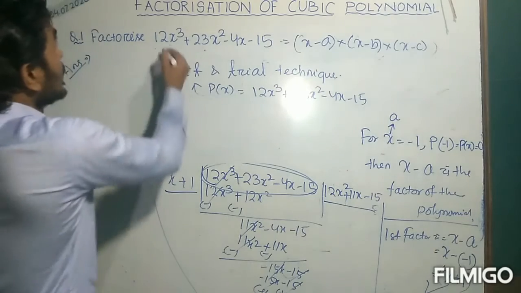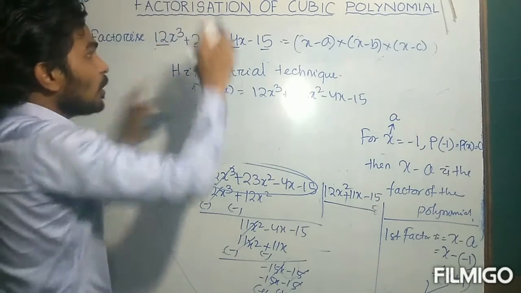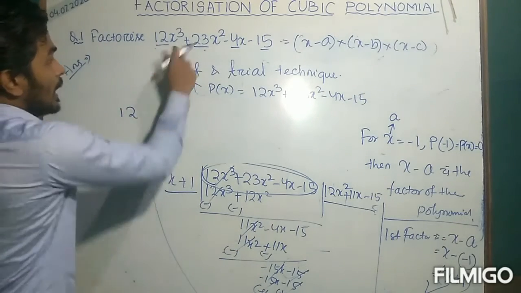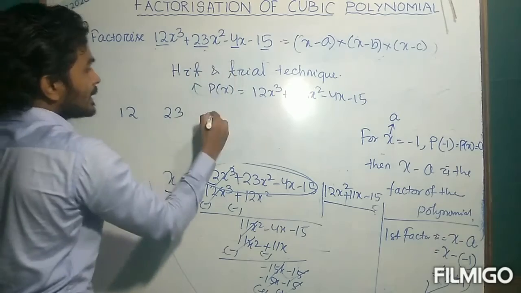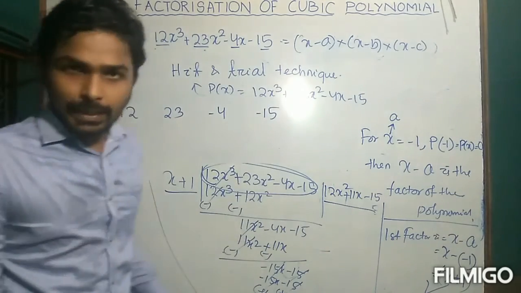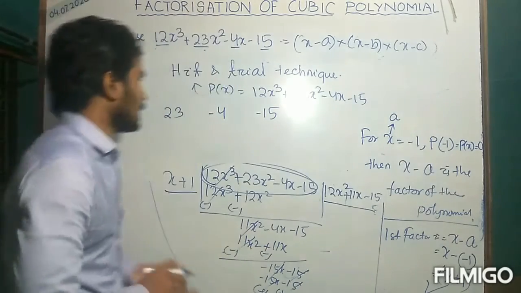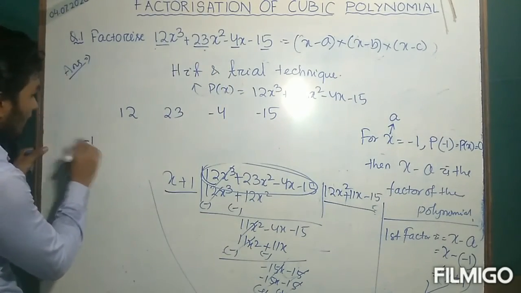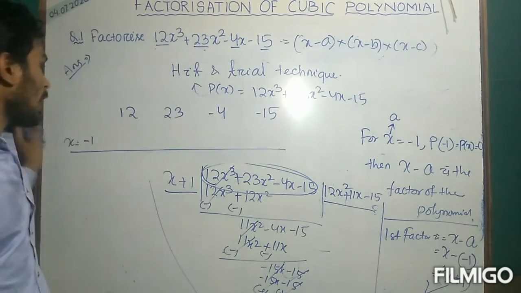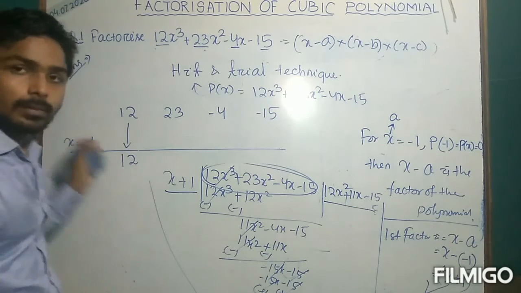So first write the coefficients of x cube, x square, x and the constant. See how I am writing this. This is 12 and this is 23. This is minus 4 and this is minus 15. Now since we get x is equal to minus 1, write here minus 1. Now just write 12 as such.